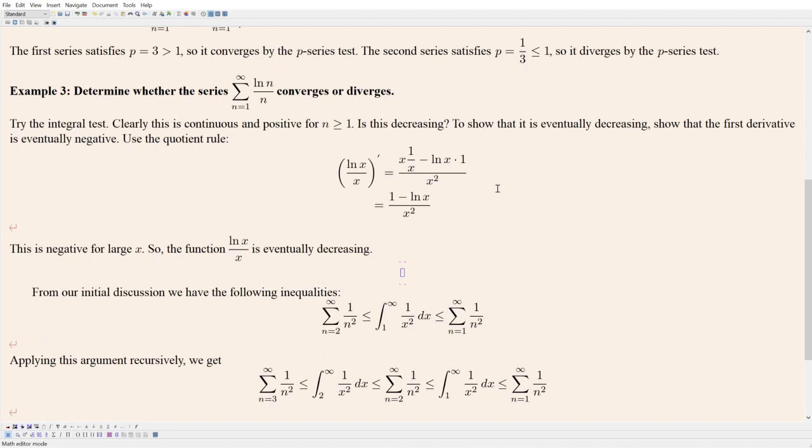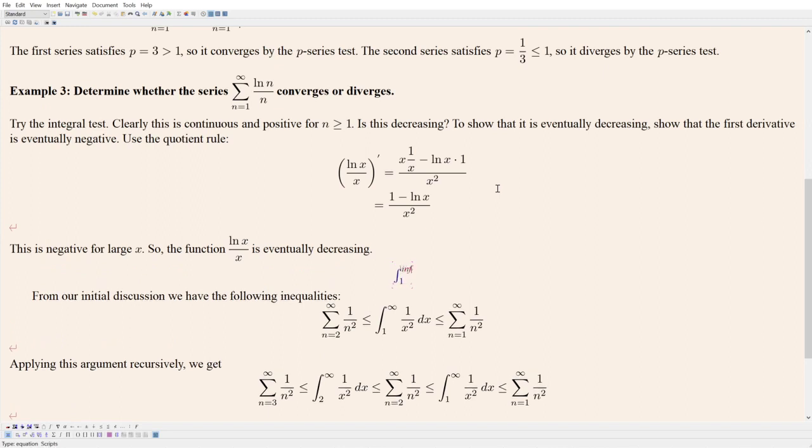Okay, so the premises of the integral test are satisfied. So now all we need to do is just compute the integral and see whether that converges or diverges.